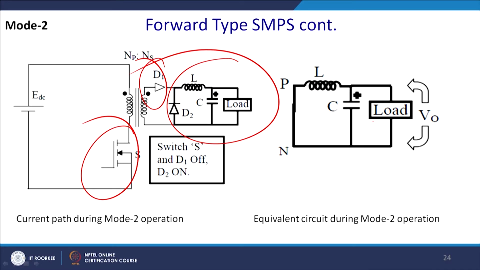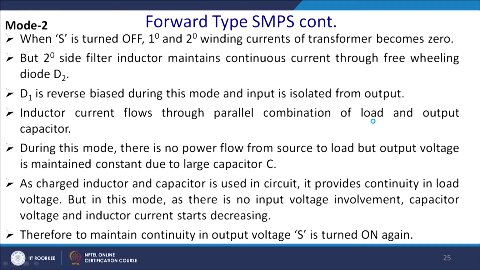So, when S is turned off, the primary and the secondary winding current of the transformer becomes 0, but the secondary side filter inductor maintains continuous current through a freewheeling diode D2. D1 is reverse biased. So, this bucking operation comes into the picture apart from the turns ratio bucking. D1 is reverse biased during this mode and the input is isolated from the output.